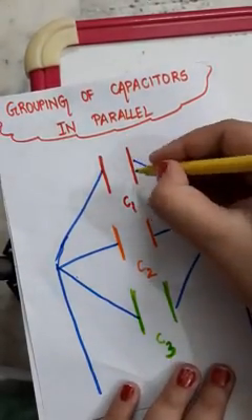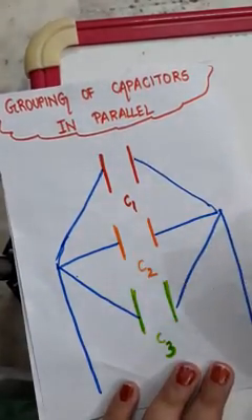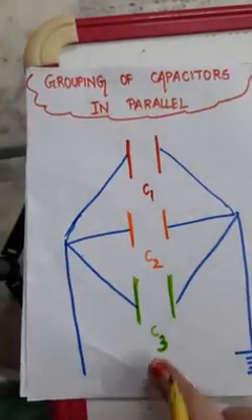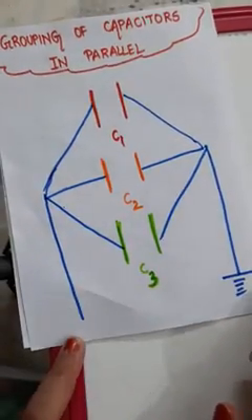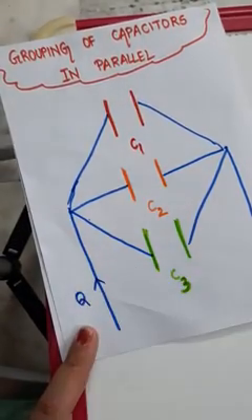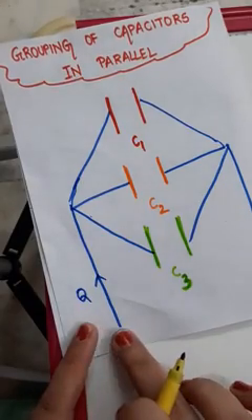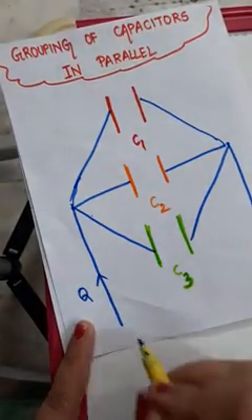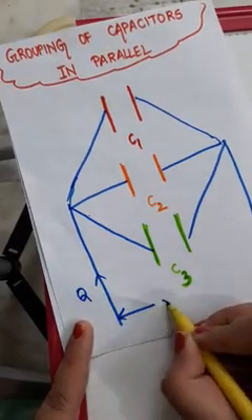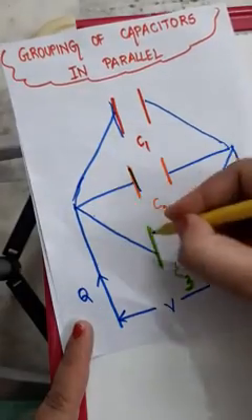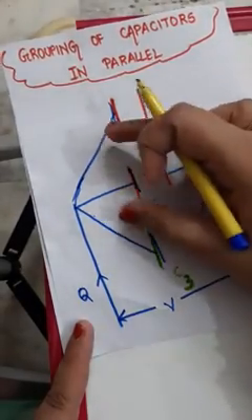We know that the right plate of the capacitor is often grounded, so that there is a potential difference over here. Now when you give charge Q to this combination of capacitors, you know that the potential difference is the same because all the three capacitors are connected.